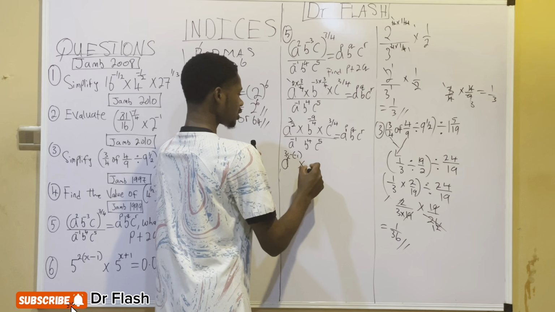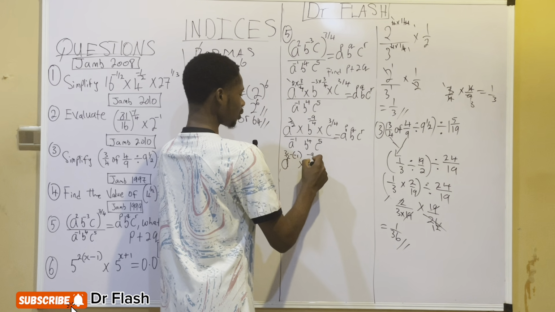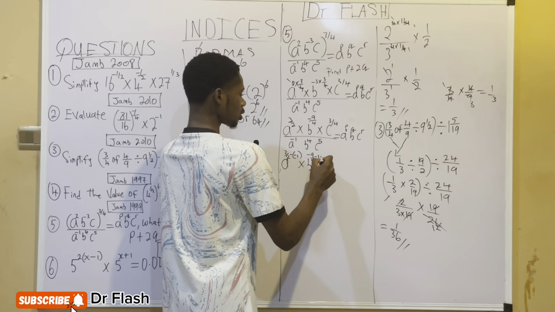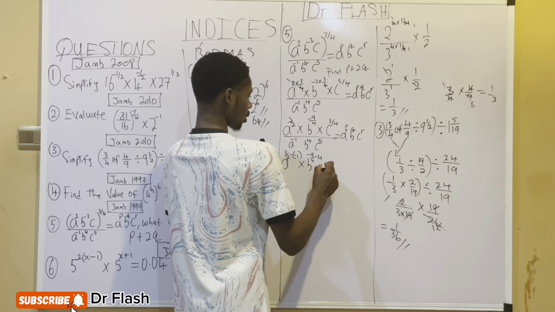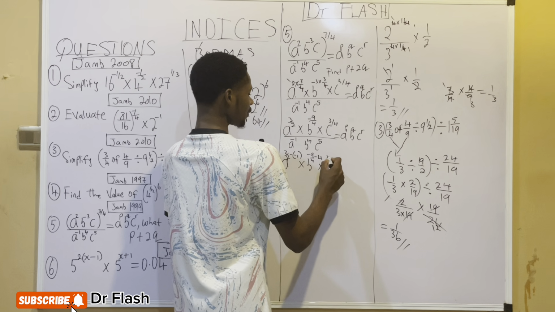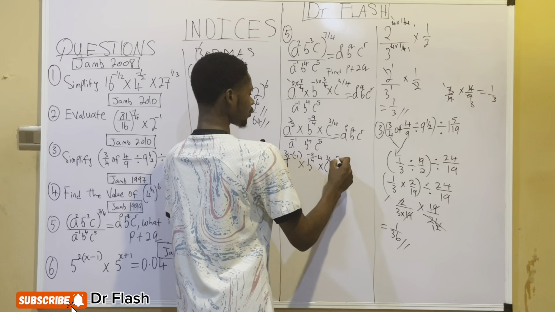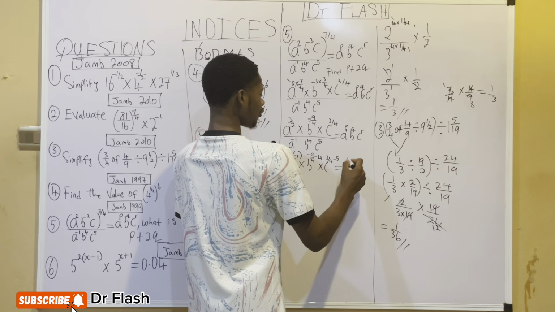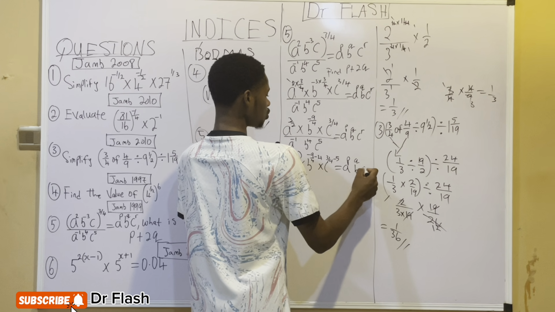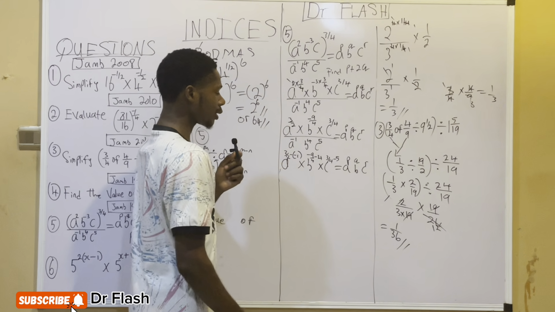Okay, times b to the power of minus 9 over 4 minus 4, right? Times c to the power of 3 over 4 minus 5 equals a to the power of p, b to the power of q, c to the power of r. Okay, now let's simplify.